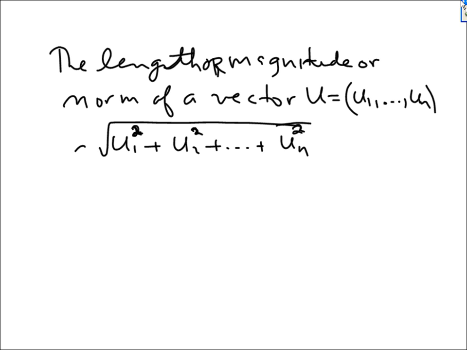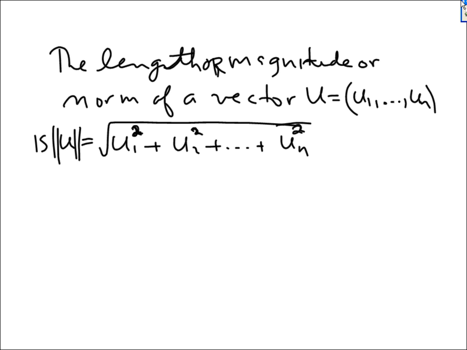I do want to just throw in some notation. Yes, that is the length, but we have a symbol for it as well. And it's u with 2 bars. That's how we denote the length or the magnitude of a vector u.